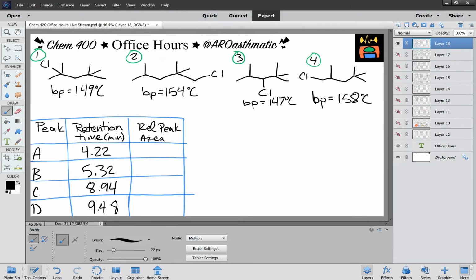Then we had a relative peak area of 190.3, 118.9, 142.7. Oh, sorry, that's the last one. 214.1, and then 142.7.